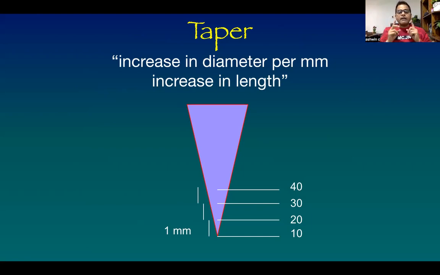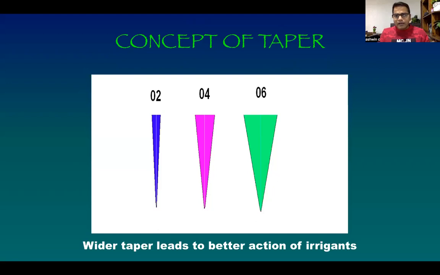So if I have a 20 number 5, but my taper is different, 2%, 4%, and 6%, then what will I get? I get something like this. I get a 2% file which is thin, slender, and if I take a 6% file, it will be thick with the bulk of the mass. So which file is flexible?